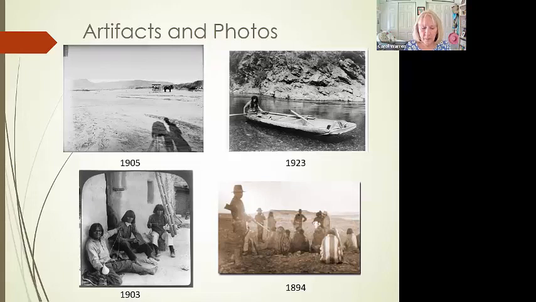Now, the bottom two photos are both of men from the Hopi village of Oraibi in northern Arizona. The left one shows them spinning and carding in 1903, which is probably somewhat of a staged photo, but it is accurate. The males were the weavers in this culture.